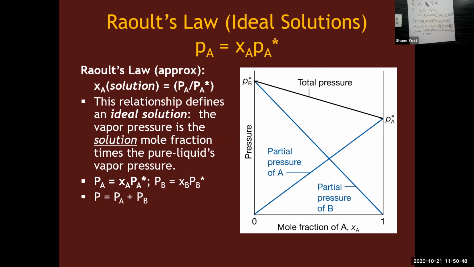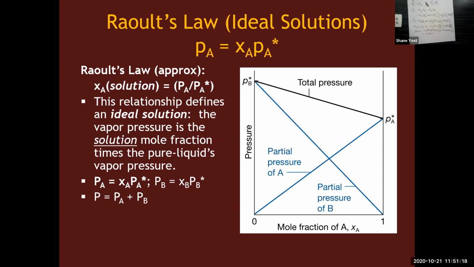This rough formula here, that P of A is equal to chi A times P A star, should look somewhat familiar. It's kind of like the same type of formula that the partial pressure of A equals the mole fraction of A times the total pressure. But that mole fraction is in the gas phase. Here I'm relating the vapor pressure of a liquid to the mole fraction in the liquid phase.